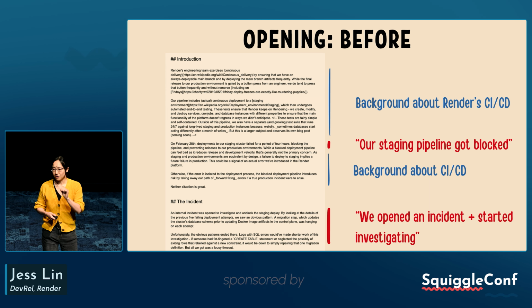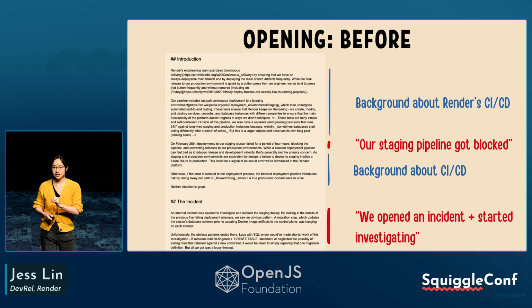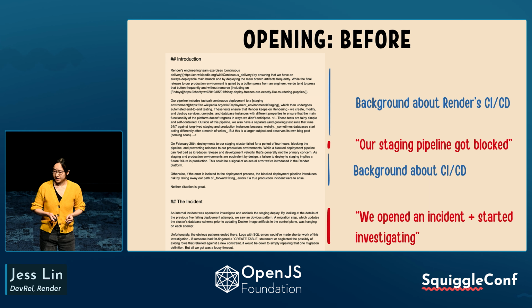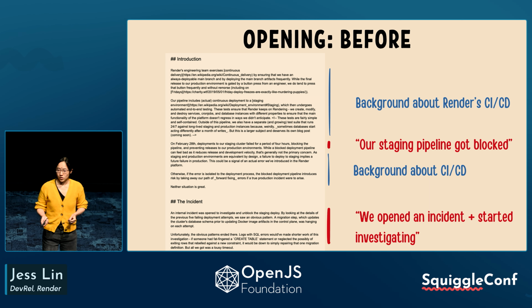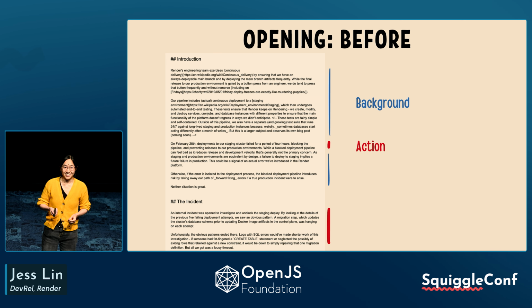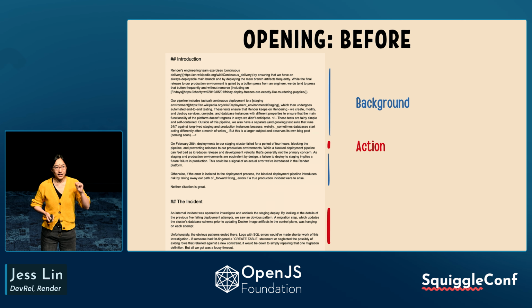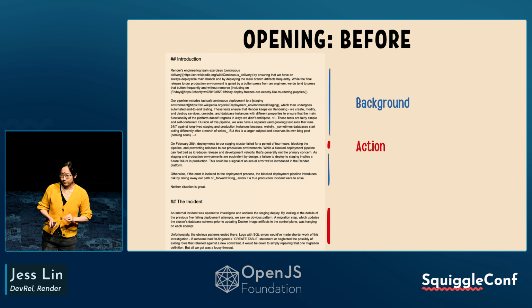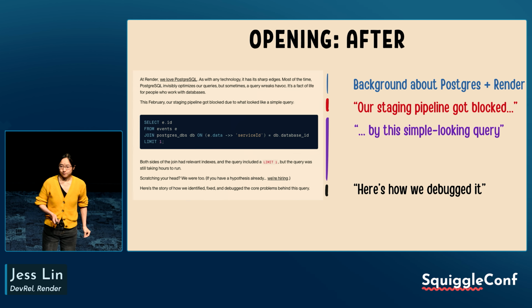Then we say, our staging pipeline got blocked. There's some more background about CI/CD. And then finally, we opened an incident and started investigating. Now, if we graph this, it's kind of like a lot of background, a bit of action, more background, then more action. Let's look at the after.